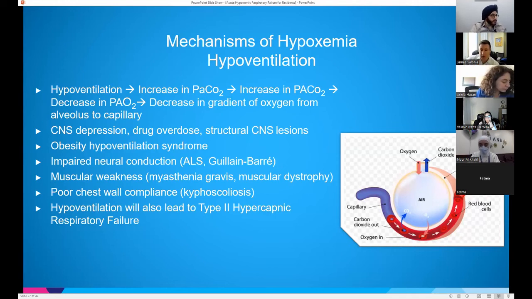Those elderly patients who have severe kyphoscoliosis can be hypoxemic because they are hypoventilating, and they're also hypercapnic. So I was following a patient in the pulmonary clinic who had polio and severe kyphoscoliosis. He's a young guy, he was like 46, but he had polio, obviously not from the United States.